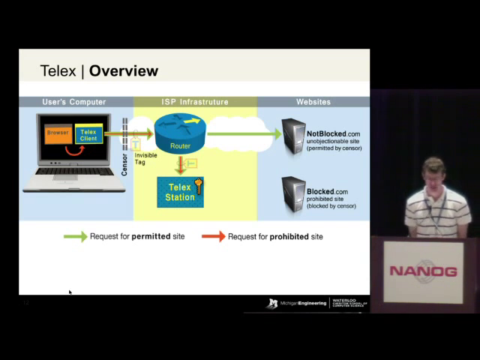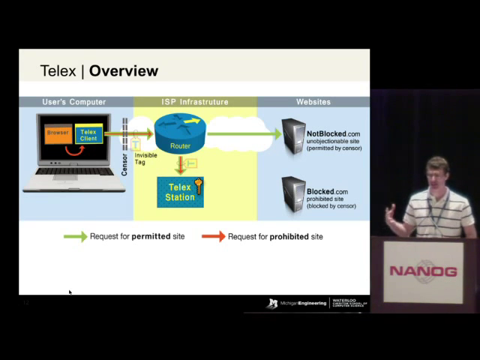And the way we were able to do that is because we have a private key in the Telex station that the censor does not have. And this private key is associated with this tag, and people with the public portion of this can generate tags but not check to see if tags exist. But only the private key can see these tags exist.